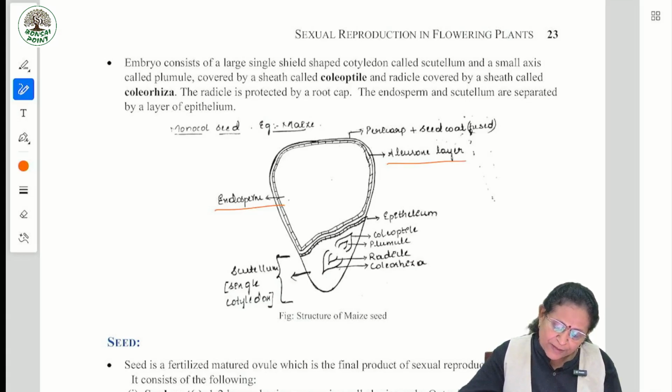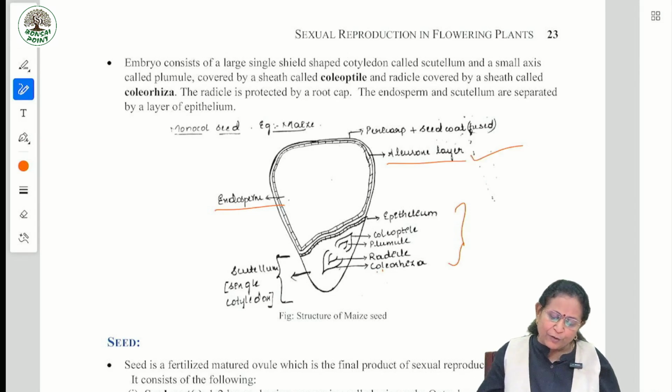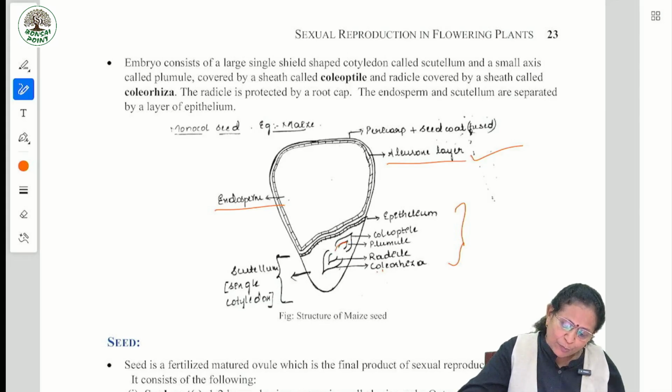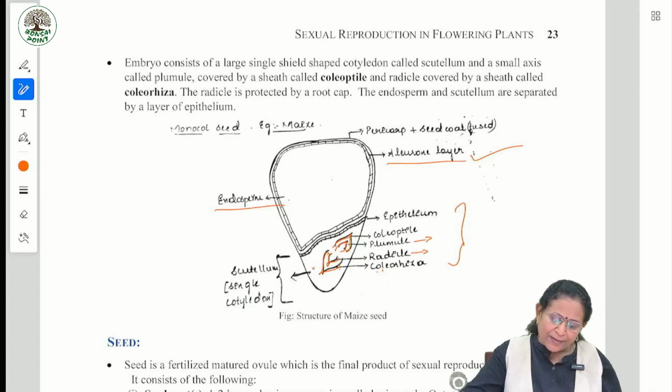All this together we say is the embryo. See here, there is a plumule which is covered by the coleoptile, and the radicle is covered by the coleorhiza. This gives rise to the shoot system, this gives rise to the root system, and the single cotyledon is said to be the scutellum.